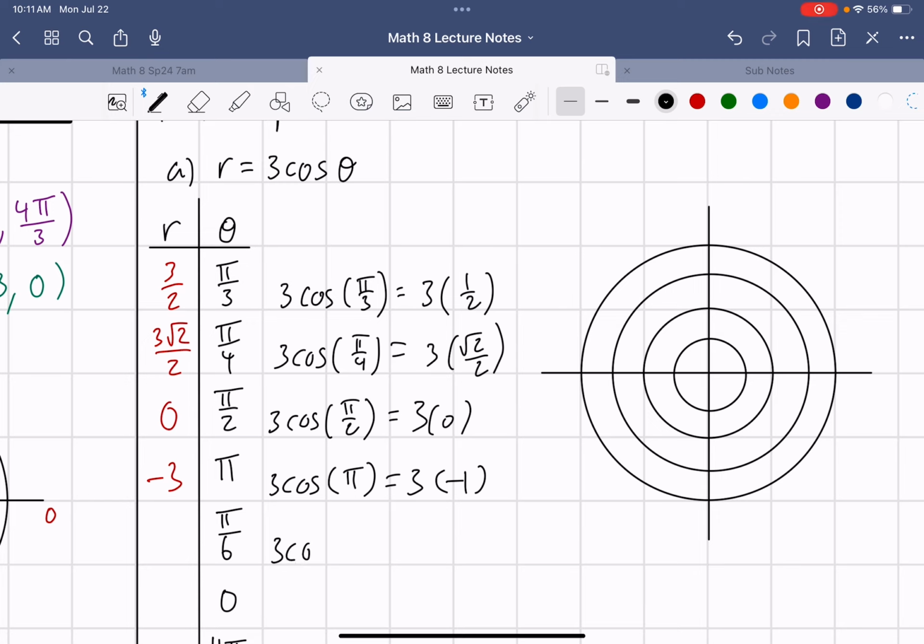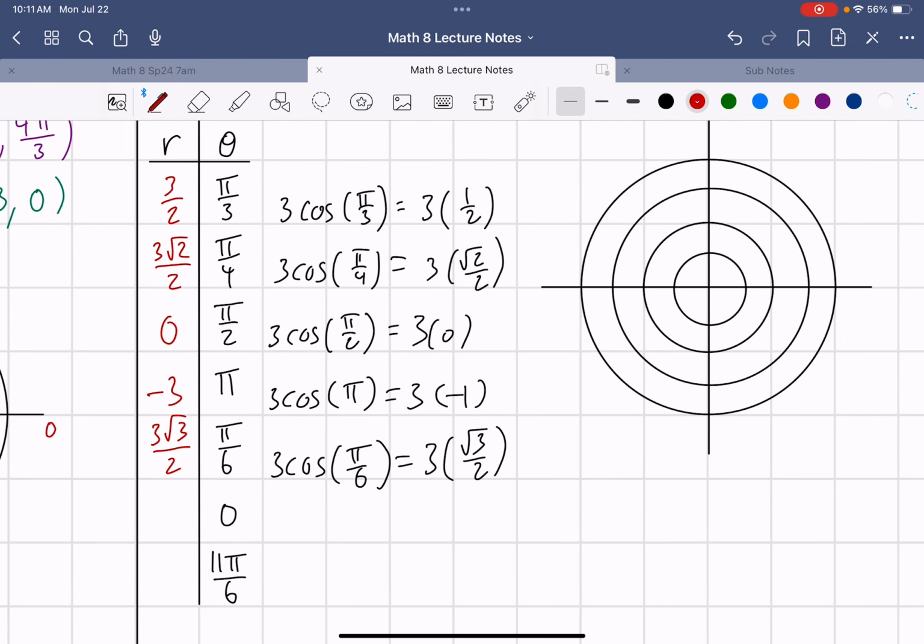Now, I did say the goal is that we are going to be looking for the key indicators in the equation to tell us what the graph should be. But sometimes, to reassure yourself that you're doing this correctly or that the graph you sketched isn't wrong, you can always use the table to try to match up what you graphed and what point you found using this table.